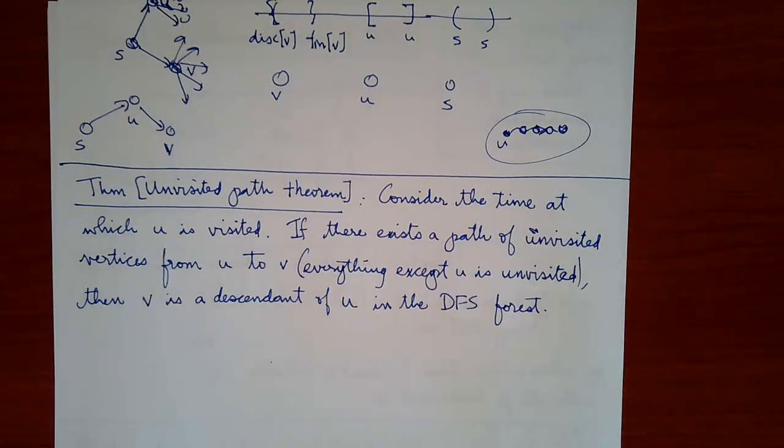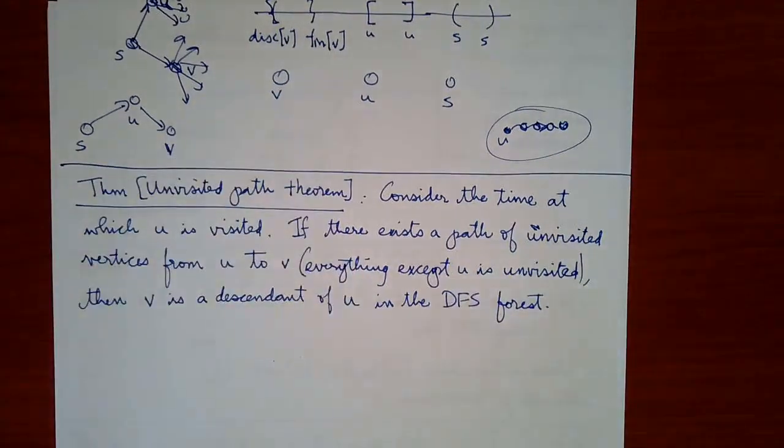Well, why does this whole thing need everything except U to be unvisited? Like if everything was visited, still V would be the descendant of U, if I'm correct. No, if everything was visited, then that's not the case. Let me give you an example. Let's just take this example here.